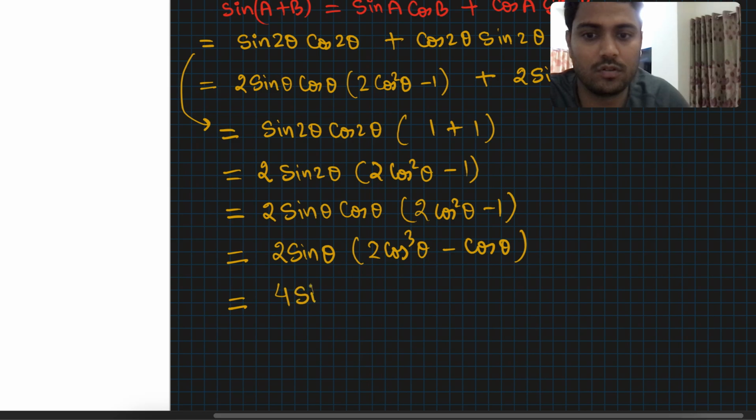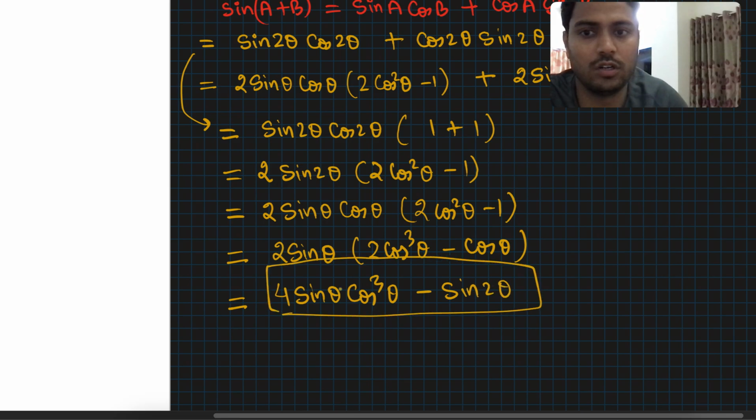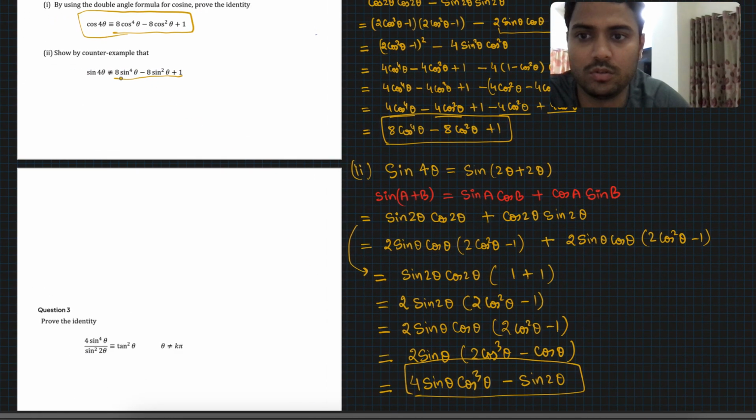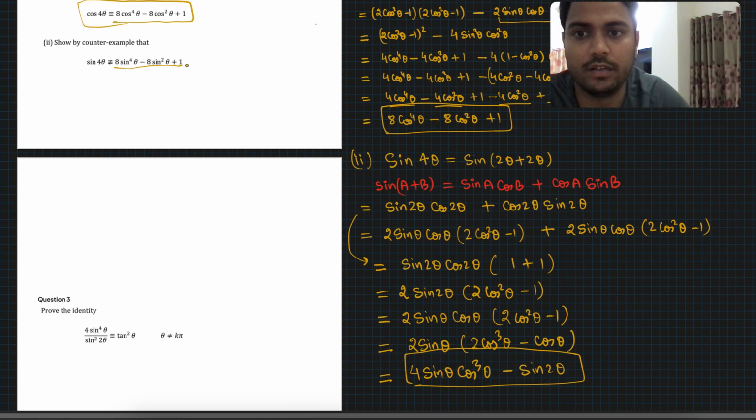4 sine theta cos cube theta minus sine 2 theta, because this is 2 sine theta cos theta, so this can be written as sine 2 theta, and this is not equivalent to what is asked of us. It is not equivalent to 8 sine 4 theta minus 8 sine square theta plus 1, like this.